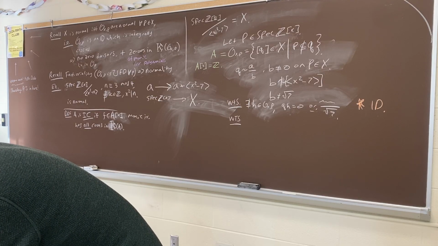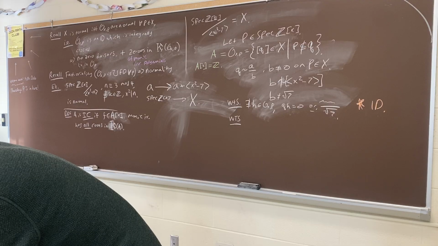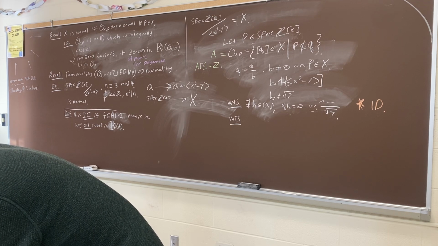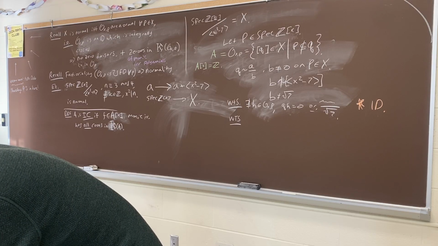It's preserved under quotient. Yeah, this is Z adjoin square root of 7, the quadratic integer ring for Q adjoin square root of 7. Finite 2 to 1 cover.